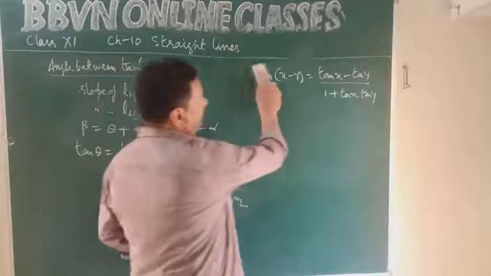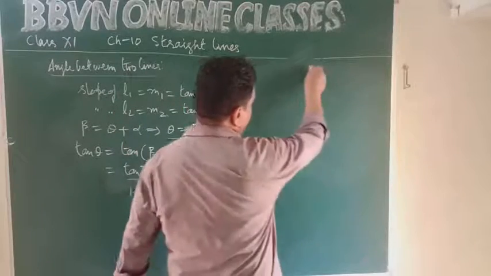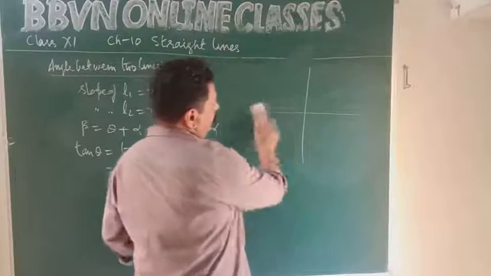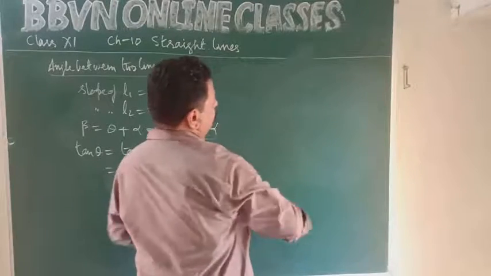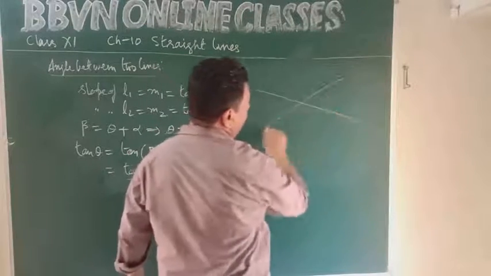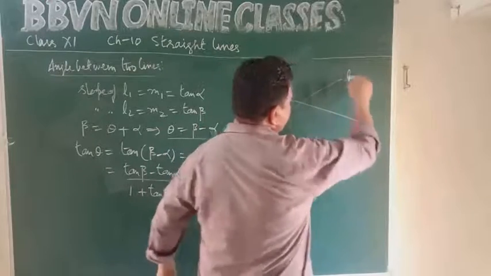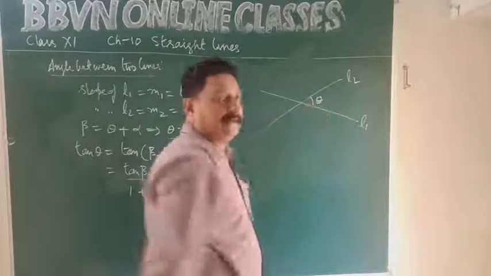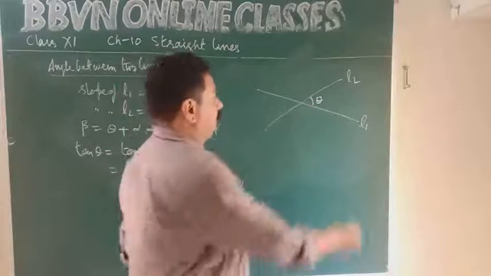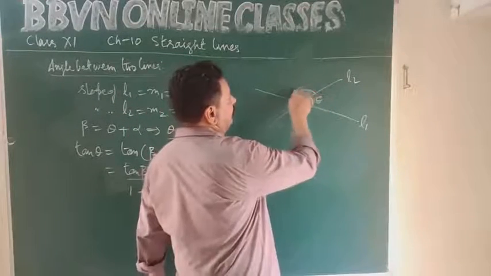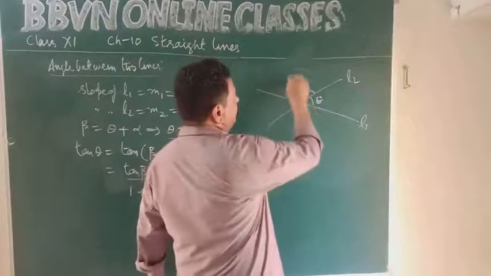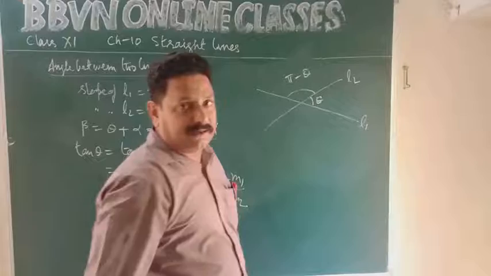Now children, coming back to the diagram, take any two lines L1 and L2. The angle between them, I have taken theta as acute. If two lines intersect, the angle between them can be acute or obtuse. So this is pi minus theta, the obtuse angle.